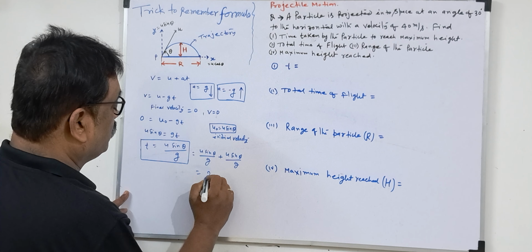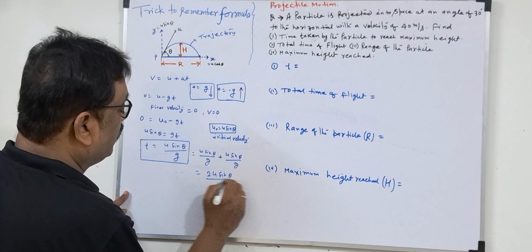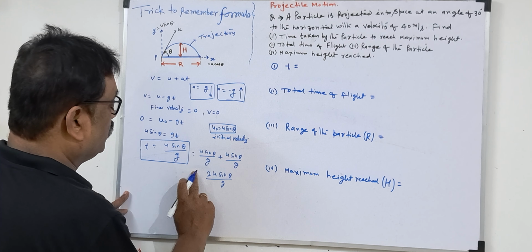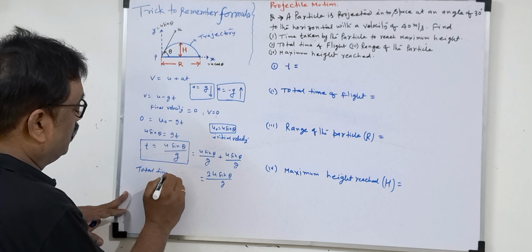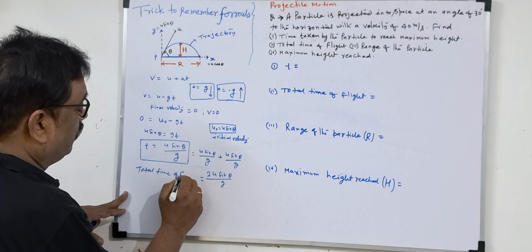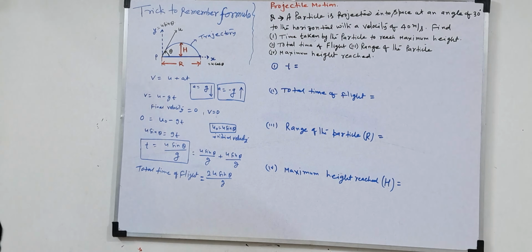So what will come is 2U sin theta by G. What is this? This is the total time of flight. This you have to remember.